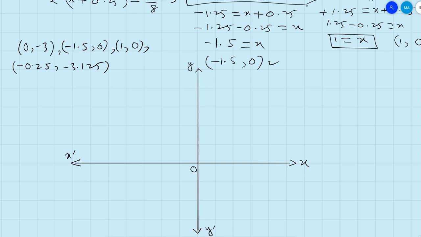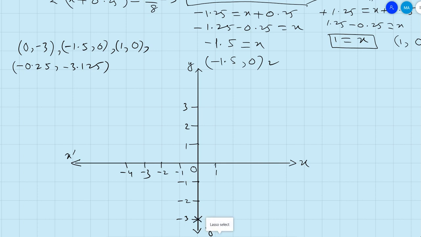Now I am taking on the x-axis 1 square as 1: 1, -1, -2, -3, -4, and on the y-axis 1, 2, 3, -1, -2, -3. So the first coordinate is (0, -3). This is 0, and this is -3.